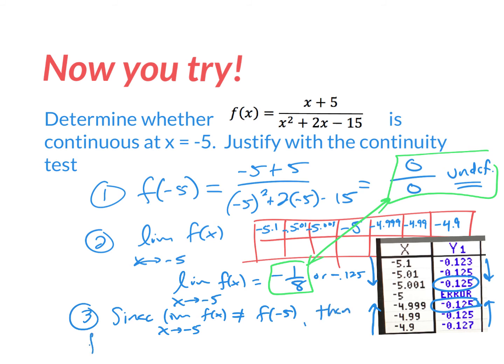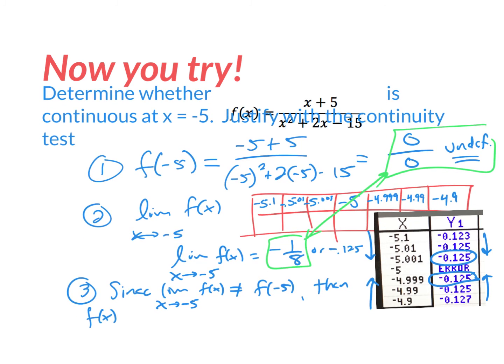Then f of x, let me slide this up here, we'd say f of x is discontinuous, and then we'd say the type. So remember, if you see this where it's the same value from both sides, but if you plug it in, it doesn't equal, that's the removable type. So this would be a removable discontinuity here.